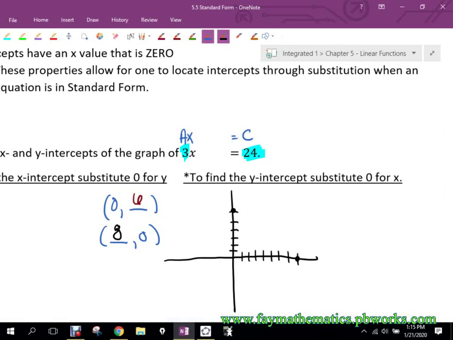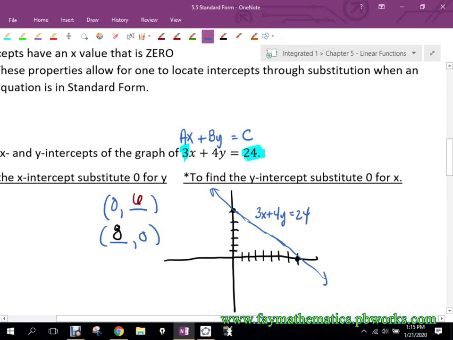Let's connect those with a line. Solid line. Okay. So that is the equation 3x plus 4y equals 24, right?